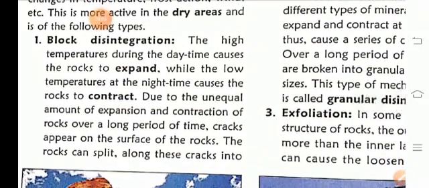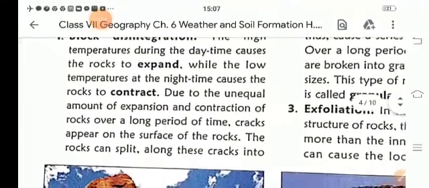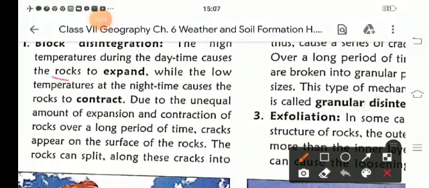Now what is block disintegration? Where the temperature is very high during the daytime, the rock expands due to the heat, while when the temperature is low, it contracts. It is squeezed, and due to this unequal expansion and contraction of the rock over a long period of time, it cracks.